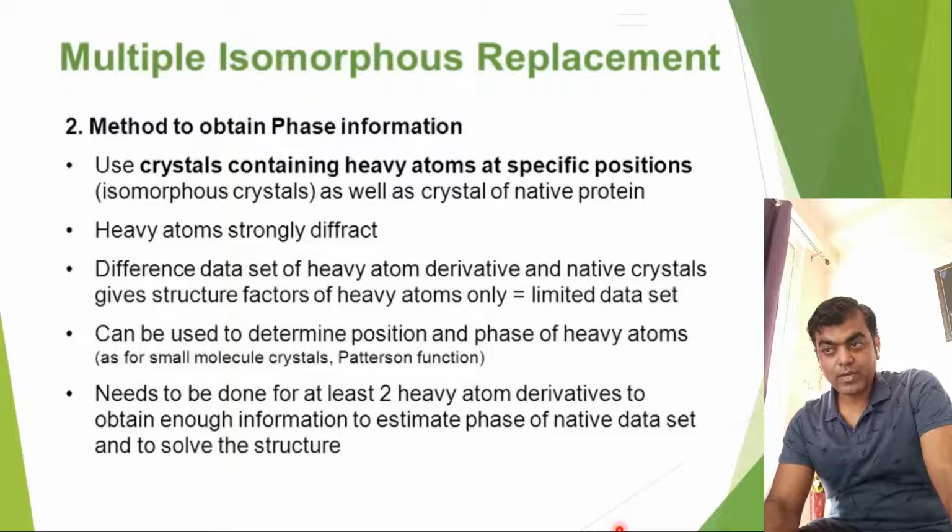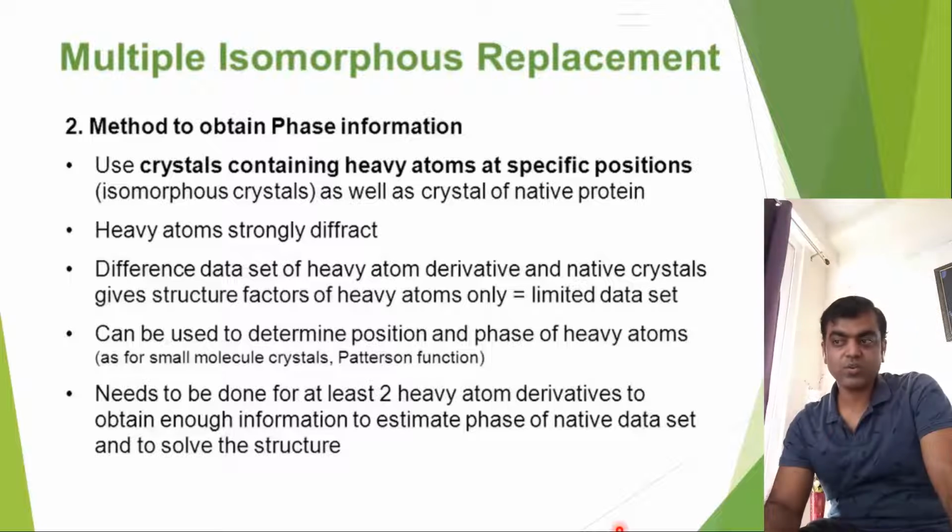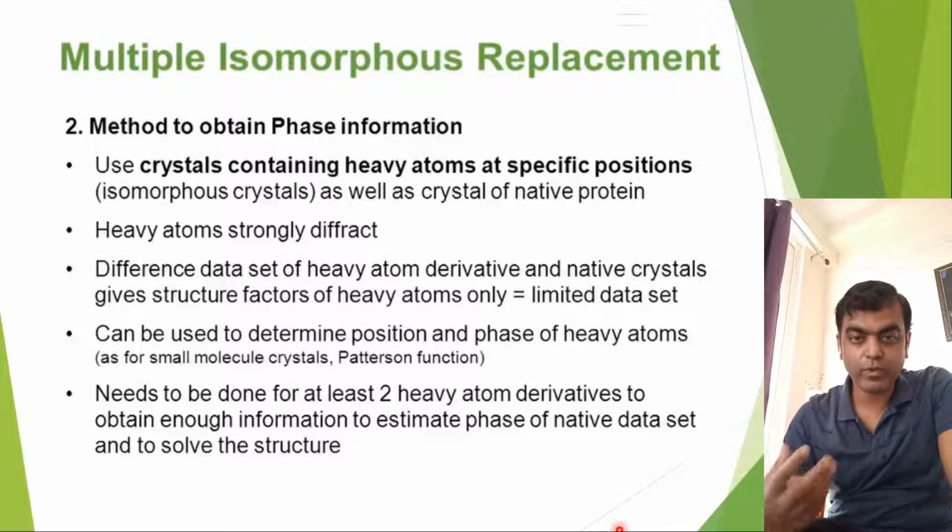Okay, now coming to the second method. The second method is multiple isomorphous replacement. So this is called MIR. In MIR, the idea is again simple: we have to obtain the phase information.